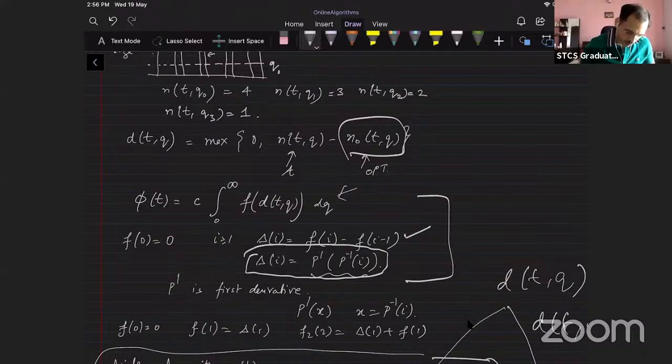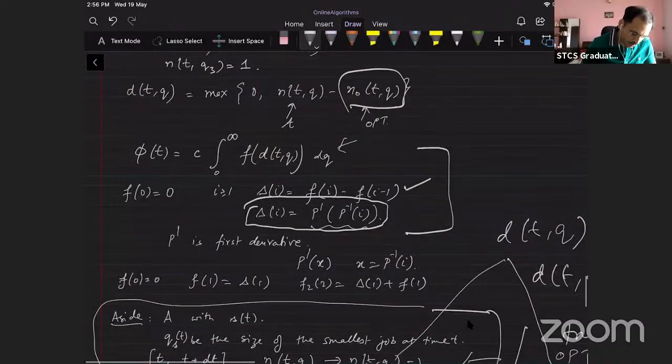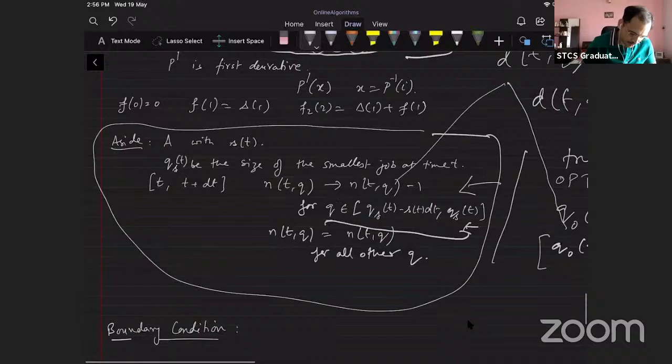Yes. N of tq is equal to n0 of tq at the beginning. So before any job arrives, d of tq is 0, and after all jobs depart, again d of tq is 0 for all q, and f of 0 is 0. So the whole integral is 0. Now the second technical condition, so first is easy.